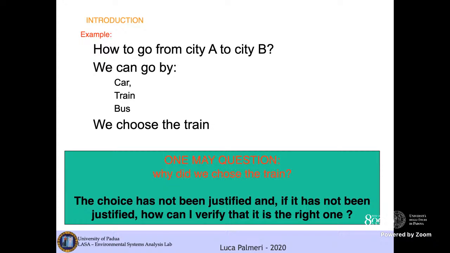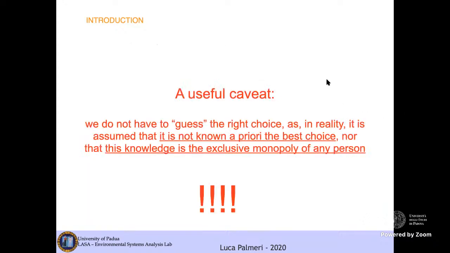You may question why we did choose to go by train. Up to now, the choice has not been justified, and if it has not been justified, how can I verify that it is the right choice? I do not have arguments for justifying the choice and for sustaining my position, so the choice up to now is quite weak.